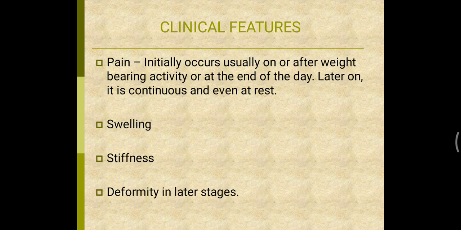Osteophytes are the main clinical sign on X-ray, and there is also formation of subchondral cyst and sclerosis. So after it gets more degenerated, the synovial inflammation is present, and that causes the deformity and stiffness to the joint.